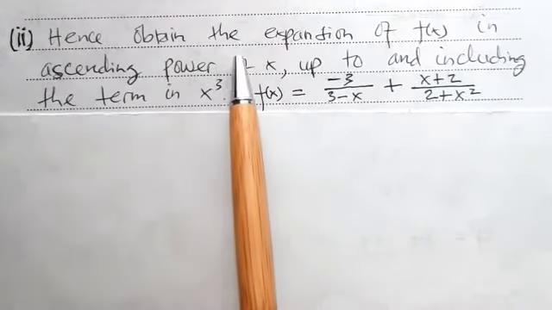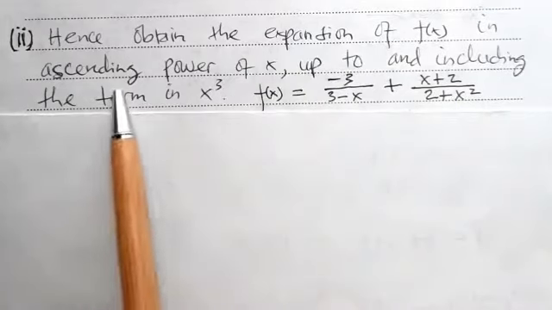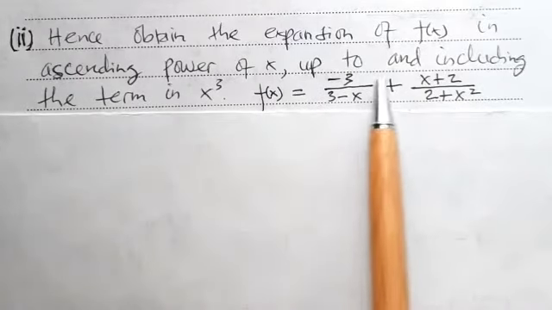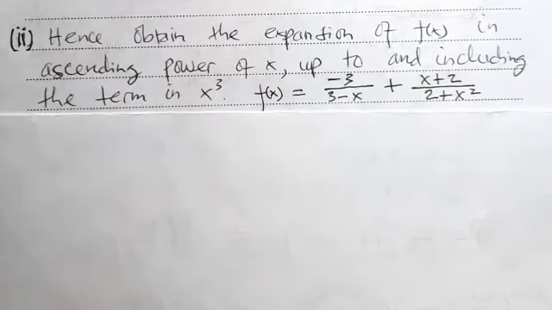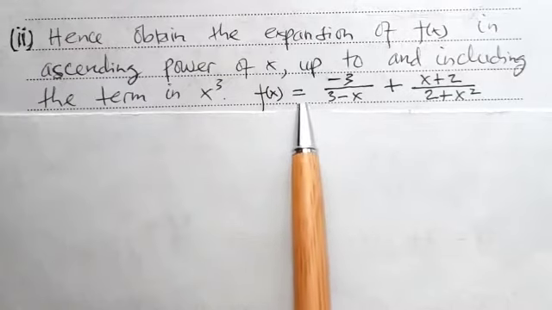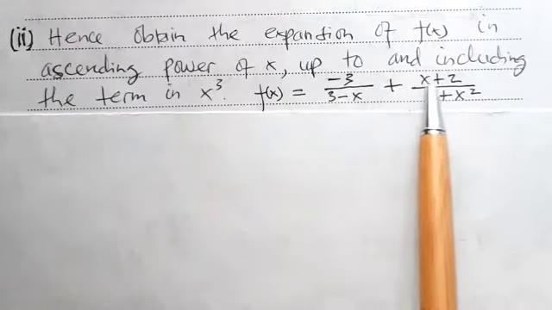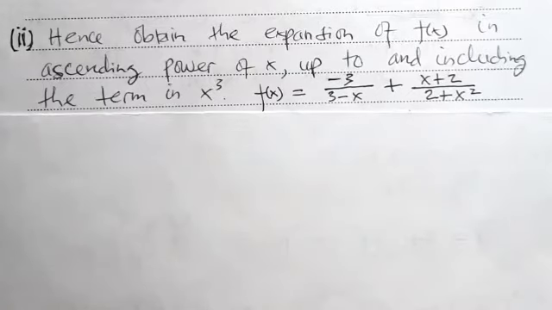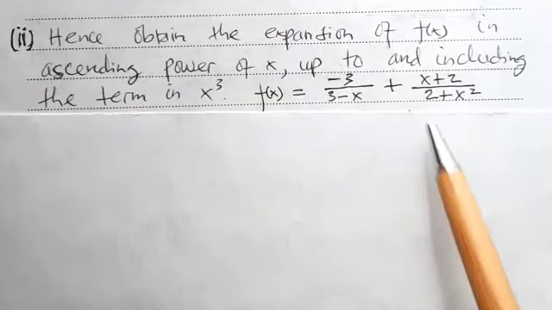Hence obtain the expansion of f(x) in ascending powers of x up to and including the term in x cubed. Thus f(x) is minus 3 per 3 minus x plus (x plus 2) per 2 plus x squared. Now here we have two fractions.